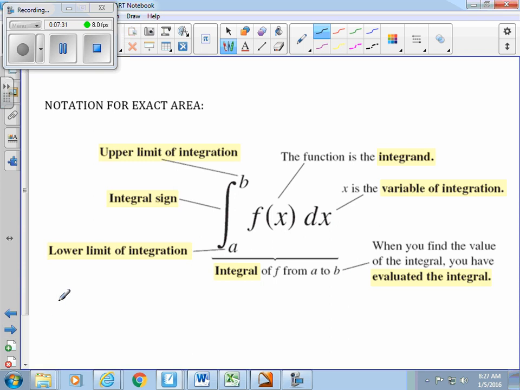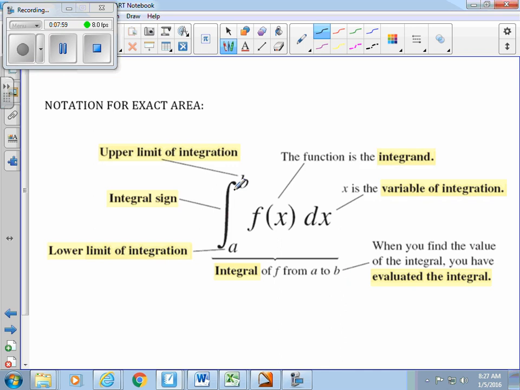Here is some notation. This is the thing you've seen that probably scared you at first. And this is the notation for exact area. This squiggly line here is the integral sign. And where it comes from is we are literally, as you saw yesterday, adding up squares.